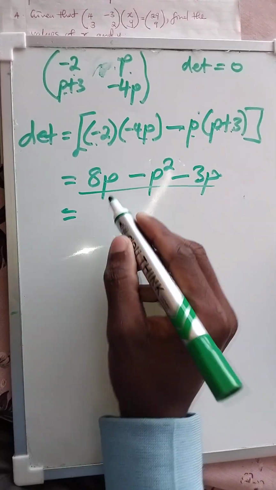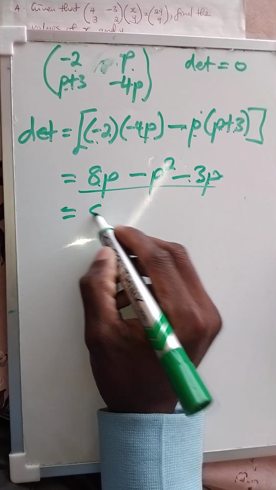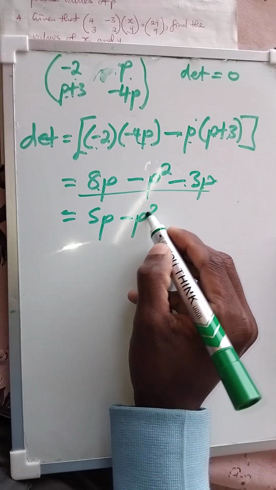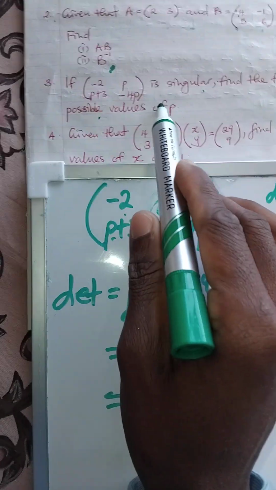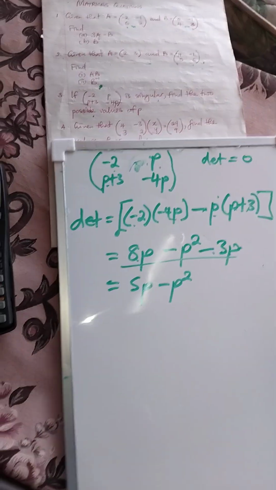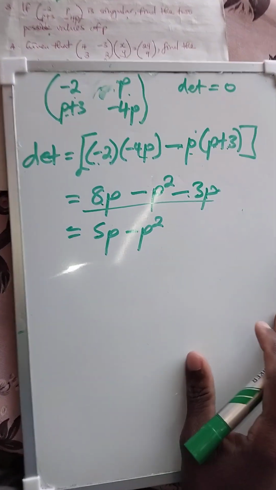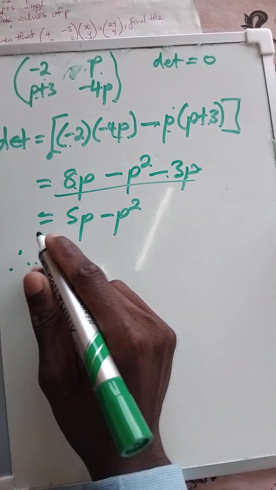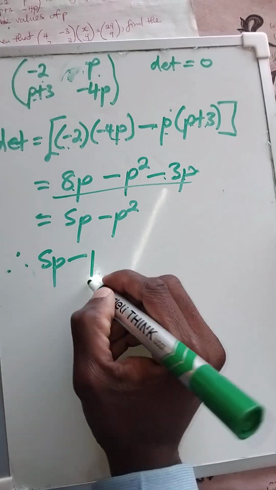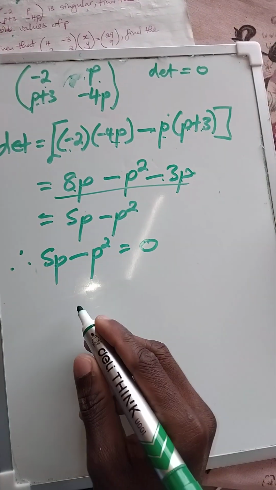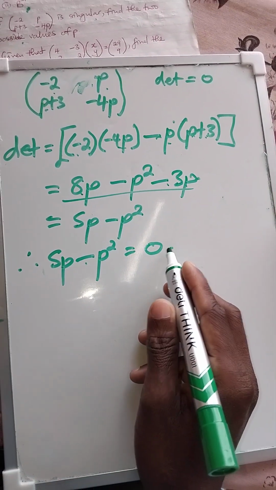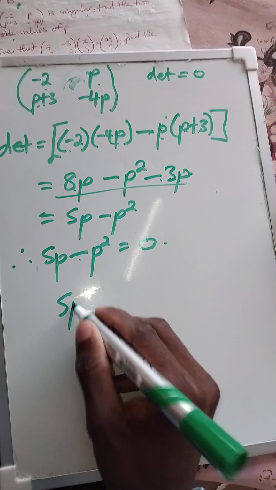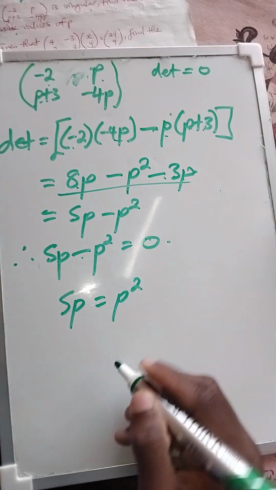So here 8p minus 3p is 5p minus p squared, and we have two values of p. Since it is singular, our determinant is 0, so 5p minus p squared is equal to 0, so 5p is equal to p squared.